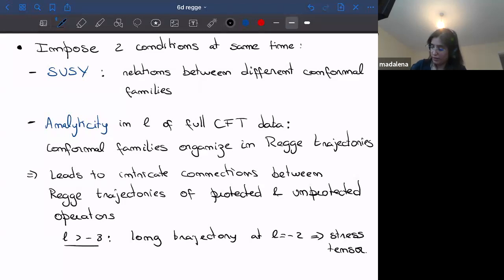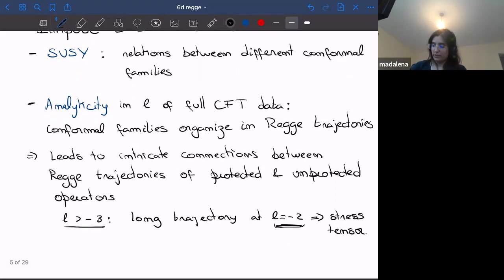So this extension to negative spins is not only, we're not exaggerating by saying L bigger than -3 and not just L bigger or equal than 0. We actually get some meaningful statements when we continue the trajectories down to negative spin.